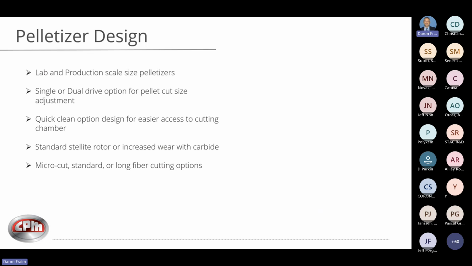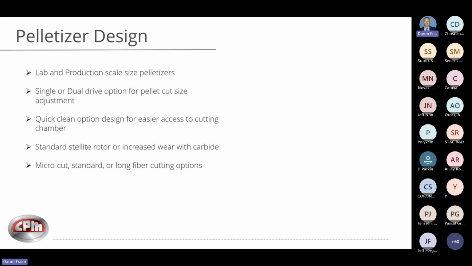Overall, for the pelletizer design, you have lab and production scale size pelletizers. You can do single or dual drive. The single drive option basically means that when you adjust the pelletizer speed for the rotor, the in-feed rolls adjust at the same rate, so they're not independent.